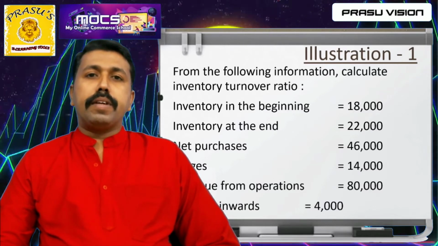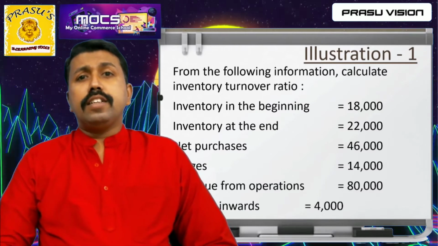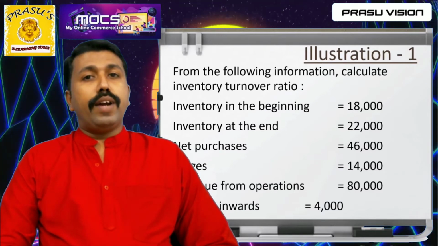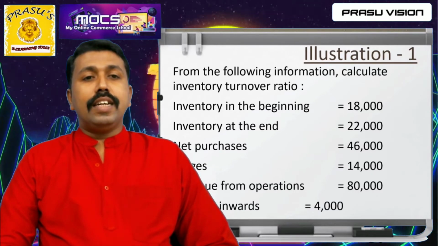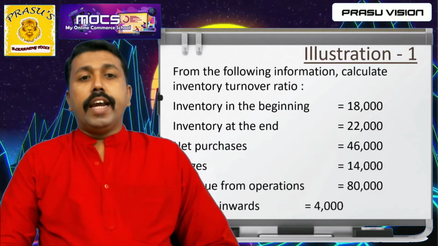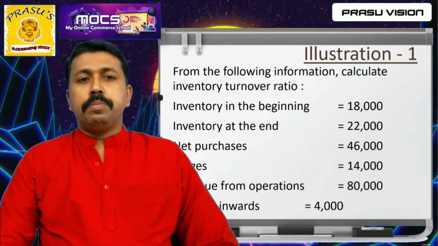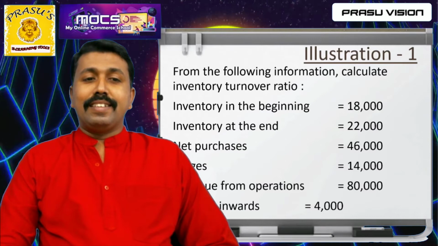Cost of revenue from operation divided by average inventory. Average inventory can be calculated using the equation: opening inventory plus closing inventory divided by 2, or inventory in the beginning plus inventory at the end divided by 2. And how can we find out the cost of revenue from operation?